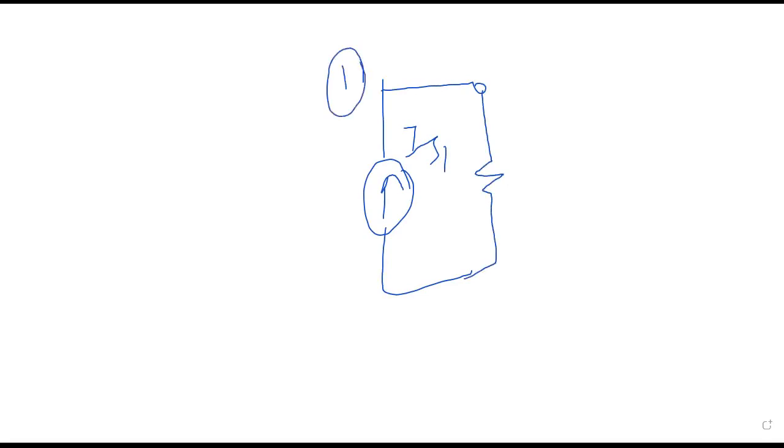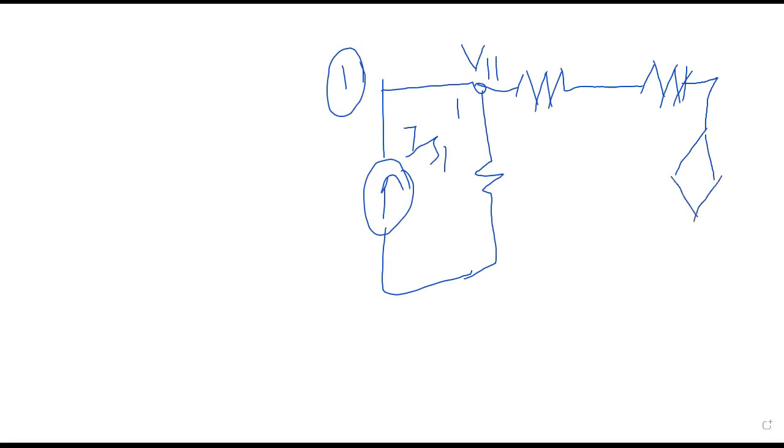So for path number 1, there is IS1. This is my path number 1. This is my point 1, so point 1 must have V11. There is my R2, R3. Here is my dynamic or controlling voltage. This is my R2.